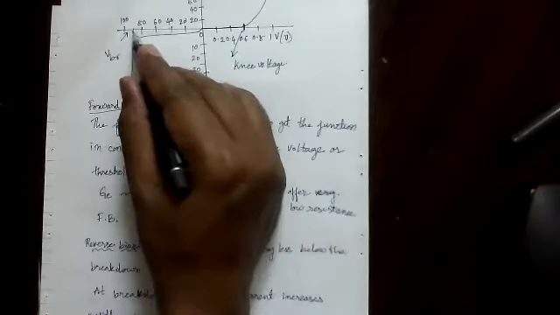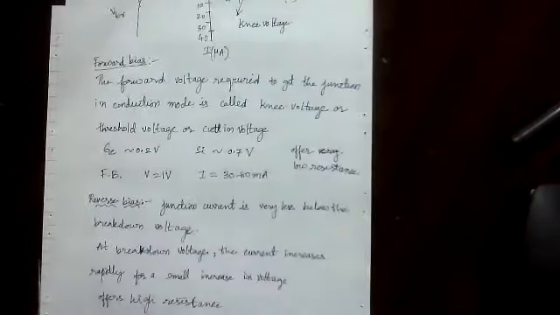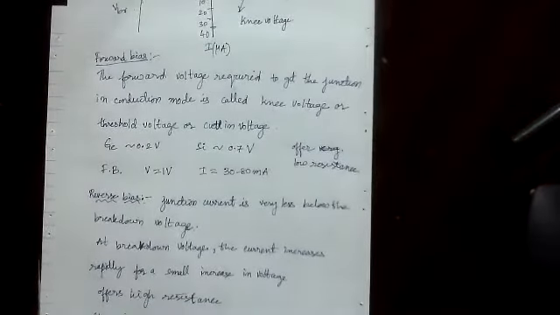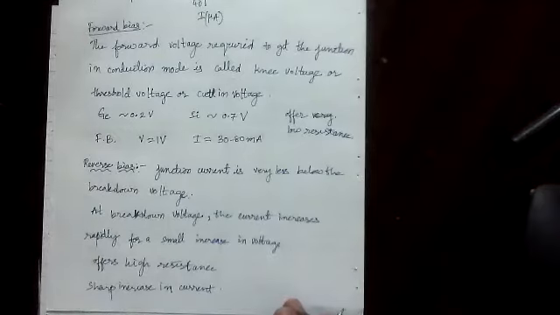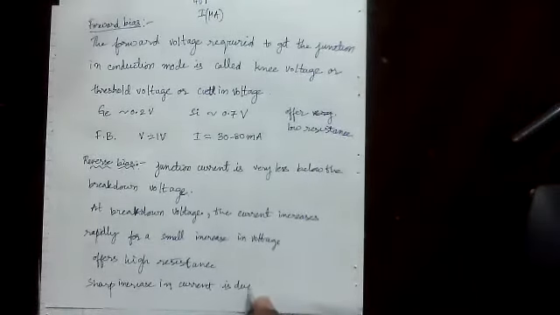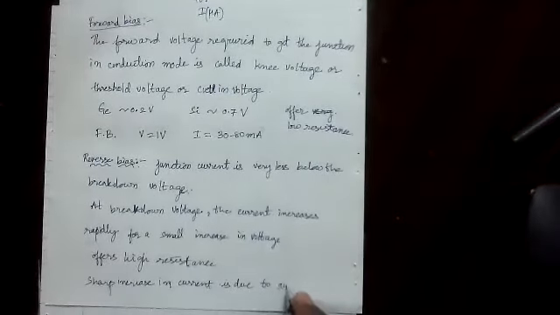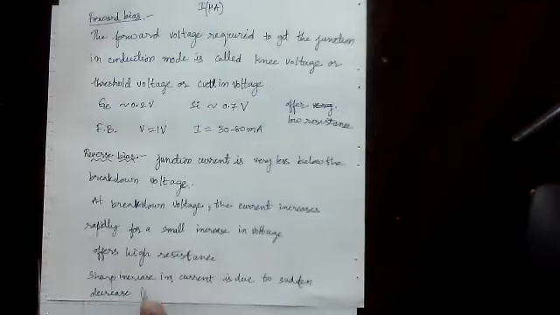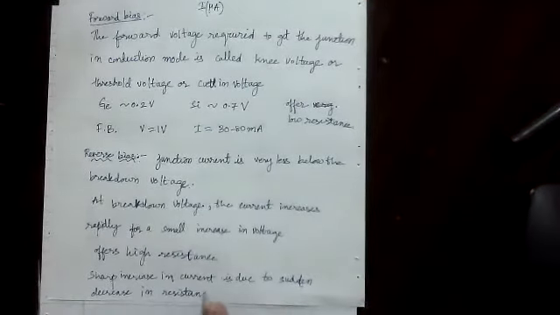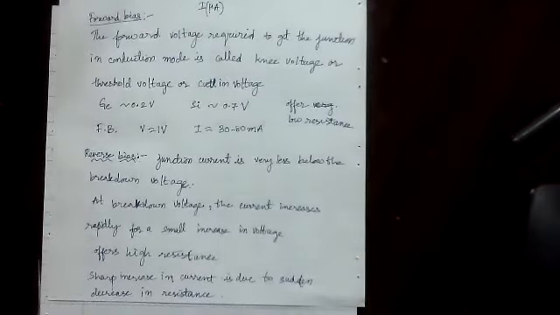The current is increasing suddenly, 30, 40, 50. The sharp increase in current is due to a sudden decrease in resistance. Clear? Any doubt in this?